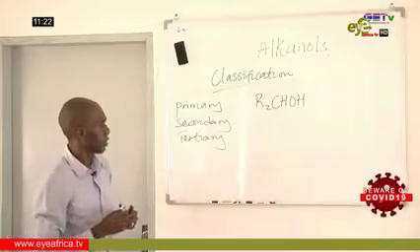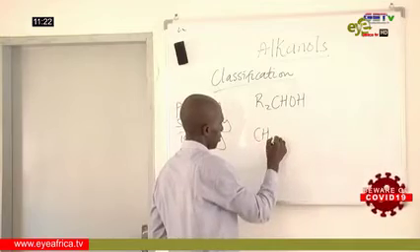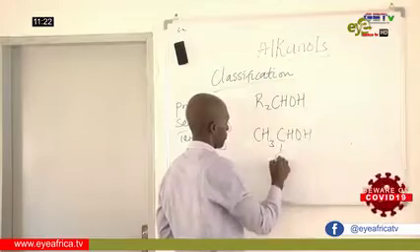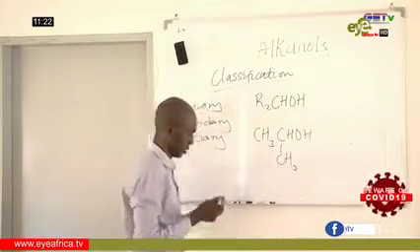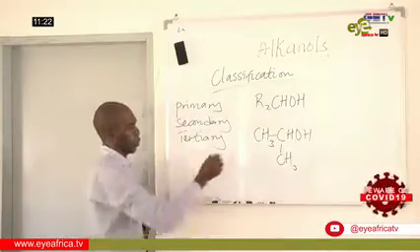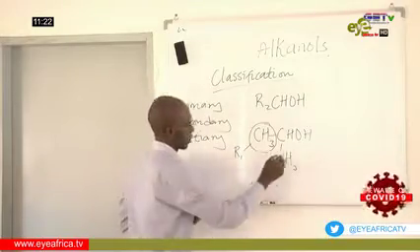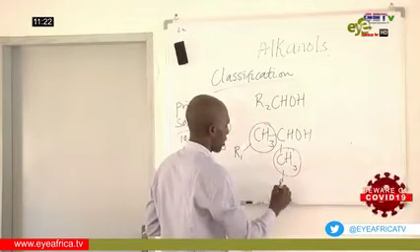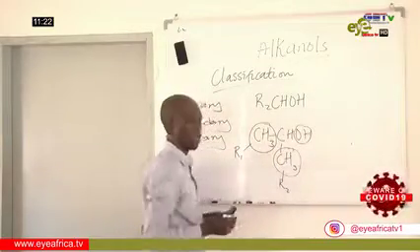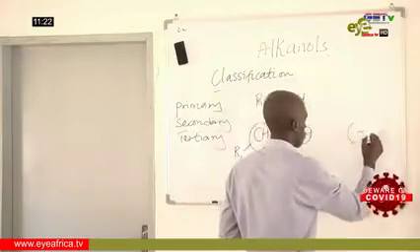So we can have an example. If you look at this example here, we have this methyl group as R1, another methyl group as R2, all attached to this carbon that bears the hydroxy functional group. I can draw the structure.